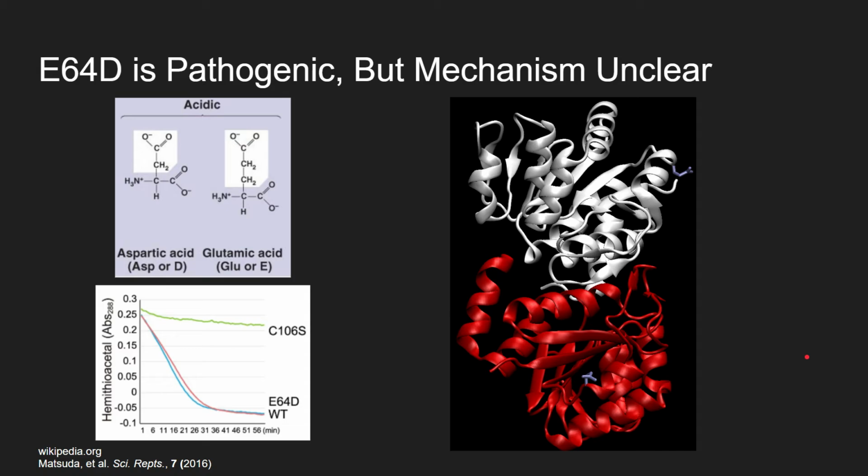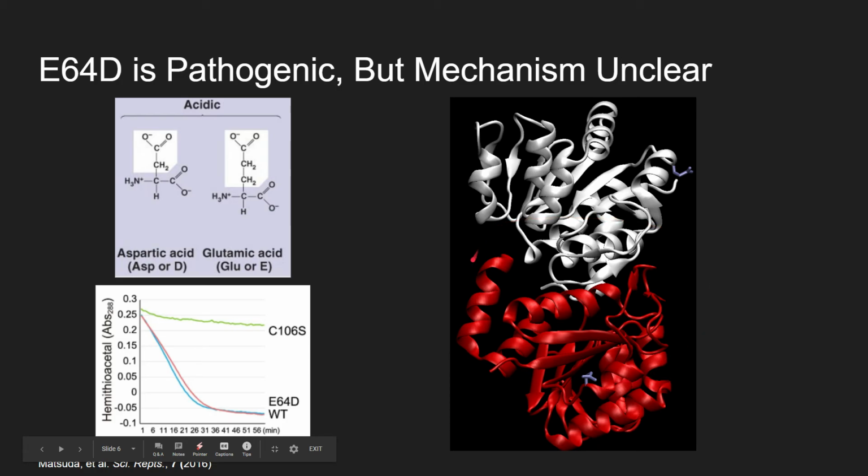And this is another interesting mutation where this glutamate, which is on the solvent exposed side, is mutated to an aspartate. So just to remind you, these two amino acids are very similar to each other. There's just a one methyl difference over here. And this mutation doesn't seem to have any effect on DJ1's typical enzymatic function. So in this functional assay, there's a little bit of a difference, but maybe it's not significant.